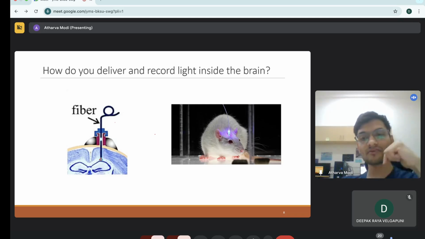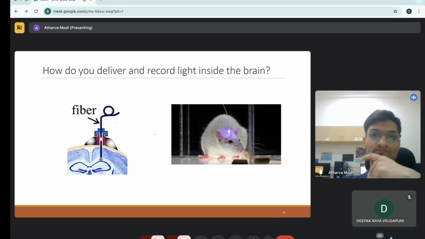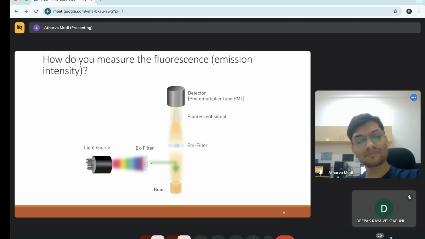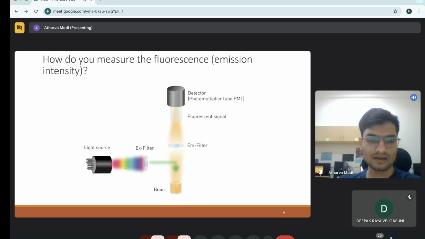So now we have the sensor, we have the light delivered to the sensor, we have light coming out of the sensor. We need a measurement device to quantify this, to measure the emission intensity. What it looks like is that there is a light source. This light source can be of multiple wavelengths, or you can even have a green light source, or whatever wavelength you want it to be.